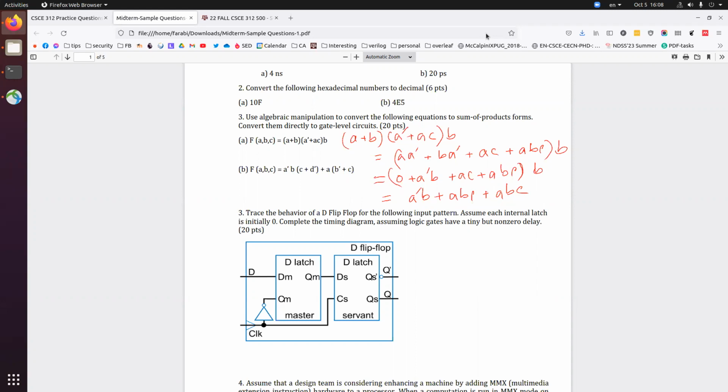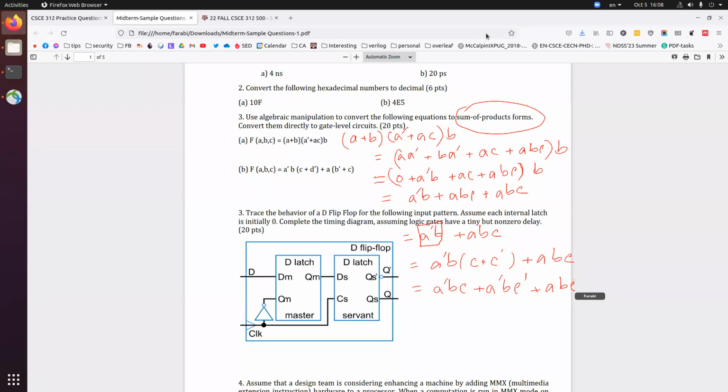So here we have two terms essentially: A'B plus ABC. However, this term is not in the correct form because we have to convert it to sum of products form. So it has to be A'B(C plus C') plus ABC. So we will have A'BC plus A'BC' plus ABC.